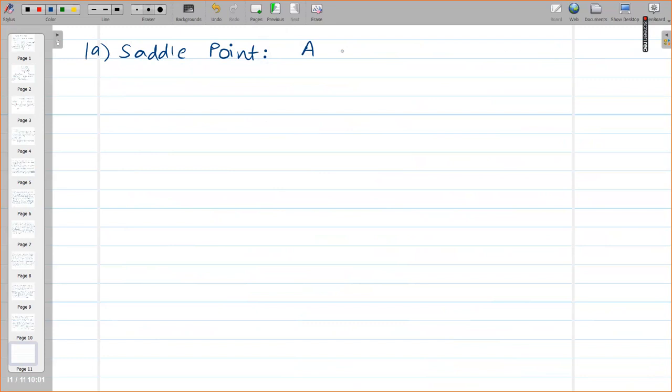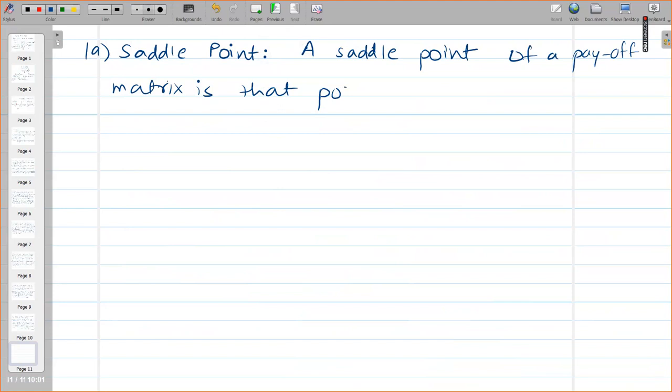A saddle point of a payoff matrix is that position. It's a position, the location, 1 1, 2 2.